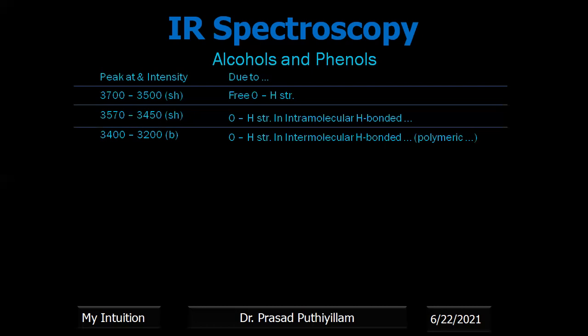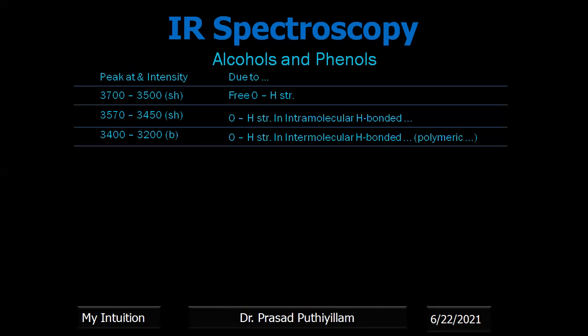And if it is intermolecular hydrogen bonding, that too, if it is polymeric, so too many molecules are bonded one by one by hydrogen bonding, we can call it a polymeric type. So you know what are polymers? They are long chain or macromolecules with repeated monomers. Okay, so can treat it as a polymeric type molecule because of hydrogen bonding.